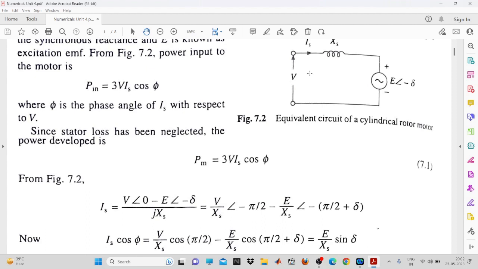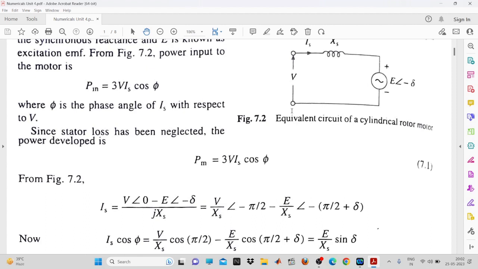So generally we plot the current with respect to V, and E with respect to V. The angle between V and I, as I have already told, is the power factor angle, and the angle between V and E is the delta angle.